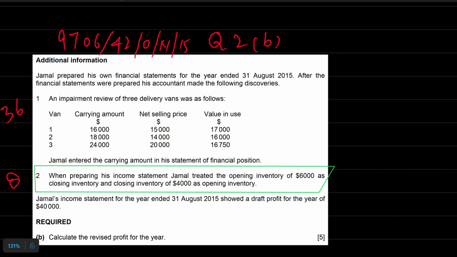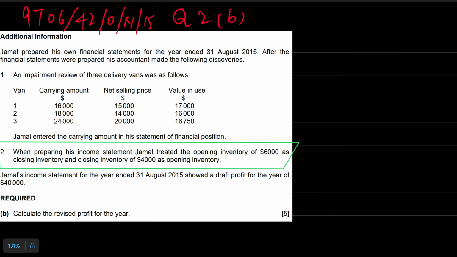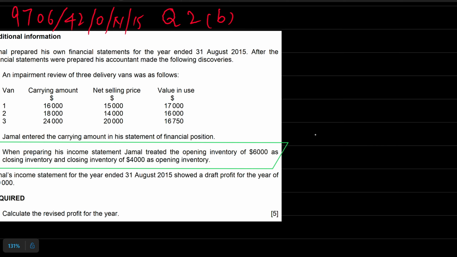Now October November 15, paper 4-2. When preparing the income statement, Jamal treated an opening inventory of 6,000 as closing inventory and closing inventory of 4,000 as opening inventory. So students, this is an error. Now let us suppose opening inventory actually was 6,000 and we reported it at 4,000, while closing inventory was 4,000 and we reported it in the financial statements as 6,000.